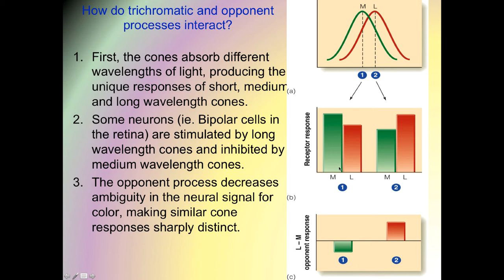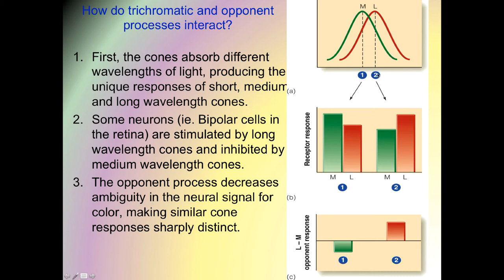And then as a result, this bipolar cell that is inhibited by medium wavelength cones is going to get more inhibition from the medium cone than it's going to get excitation from the long cone, because the medium cone is stronger. And so inhibition will rule the day here for this particular color, and this bipolar cell, this opponent process neuron, will become inhibited, and as a result we perceive the color green.